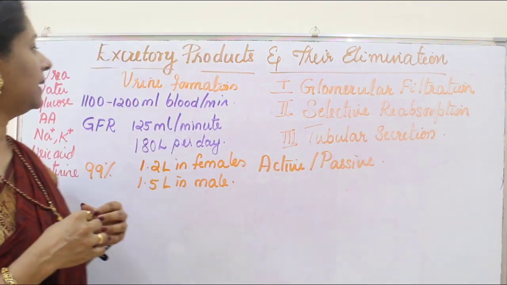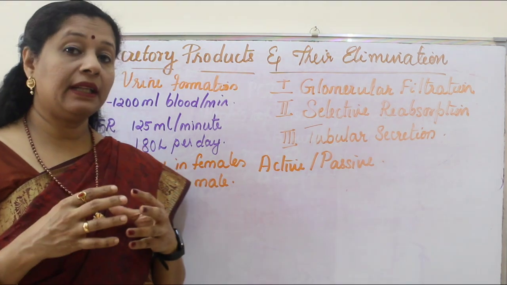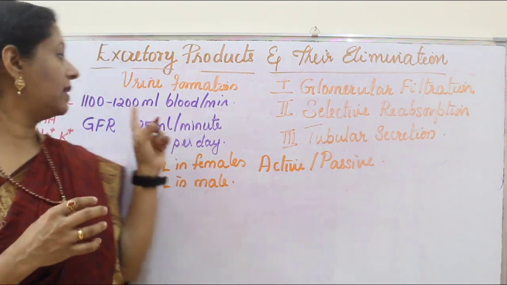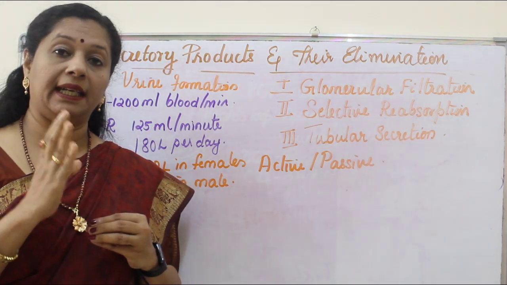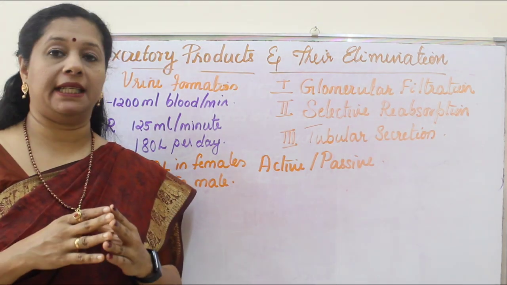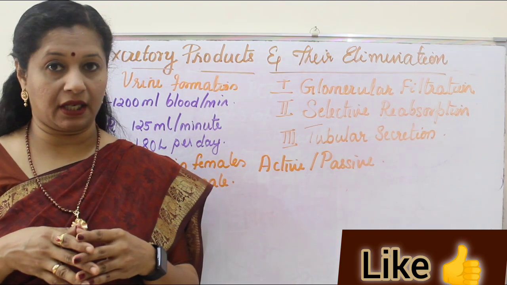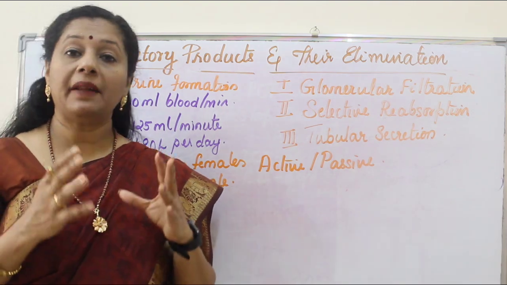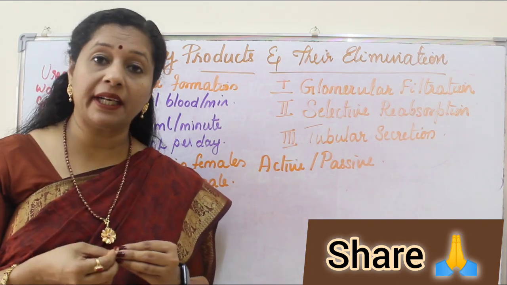Now, during the filtration process, almost 1100 to 1200 milliliters of blood passes through both the kidneys per minute. That is almost 1/5 of the total blood pumped by the ventricle. So from that 1200 milliliters of blood in 1 minute, how much filtrate is forming?